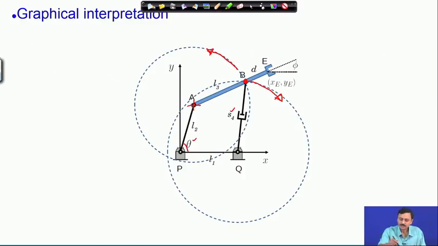There is another solution which is given by this, your hinge B can also lie here.